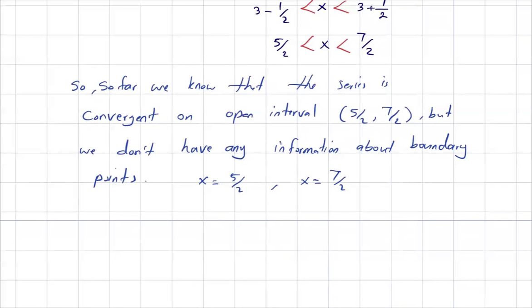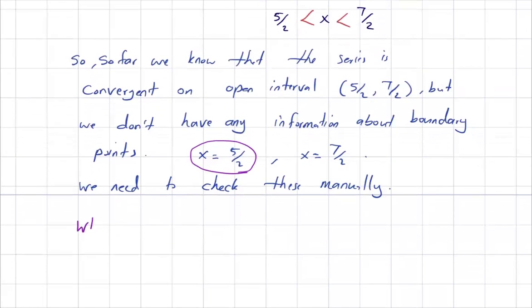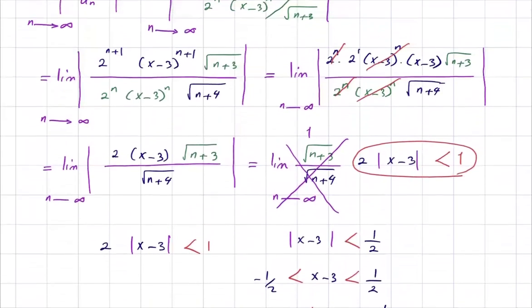We need to check this manually. So let us begin. When x is equal to 5/2, our series becomes, let's take a look at our series.